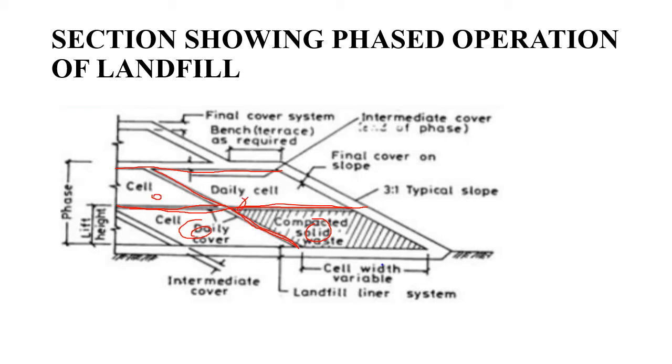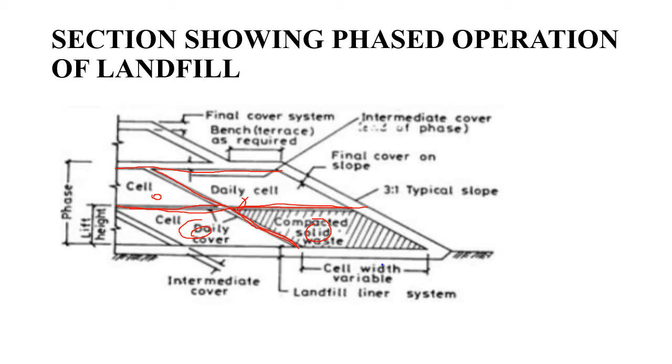So you have four cells as per this section diagram. Basically, a cell comprises the volume of material you have received for one day or during the operating period, plus the daily cover you have given over it. So that defines a cell.